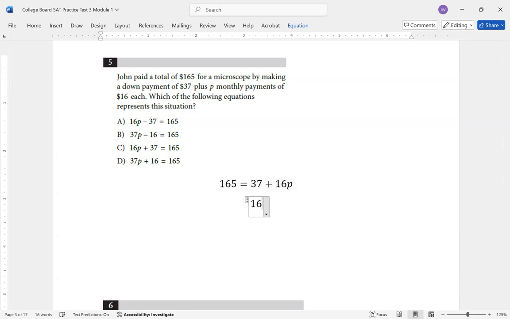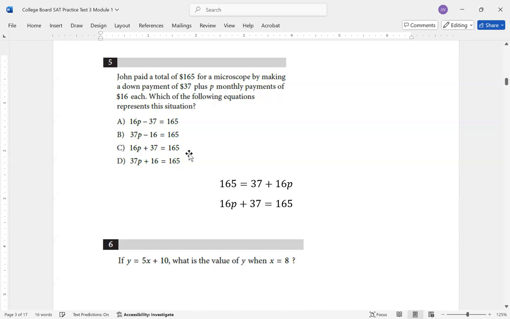So if we were to write this with 16p plus 37 is equal to 165, that is the exact same equation that I have up here, just in a slightly different order. And that's the answer to question 5. 16p plus 37 is equal to 165. So that's option D for the answer.